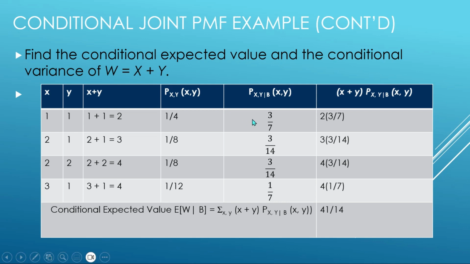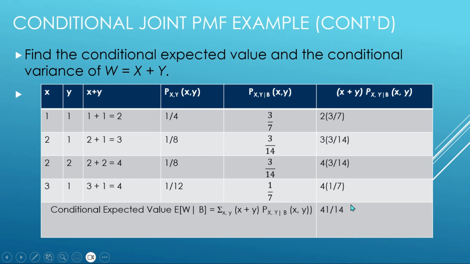So what we do is that we simply multiply these values x plus y, 2, 3, 4, and 4 by their respective conditional joint probabilities. 3 by 7, 3 by 14. So 2 is multiplied by 3 by 7, 3 is multiplied by 3 by 14, 4 is multiplied by 3 by 14, and 4 is multiplied by 1 by 7, as it is shown over here in this column. And then they are all added to get the expected value.